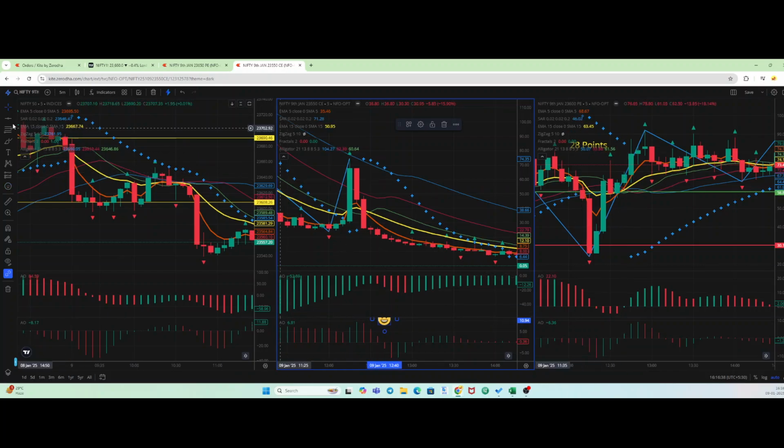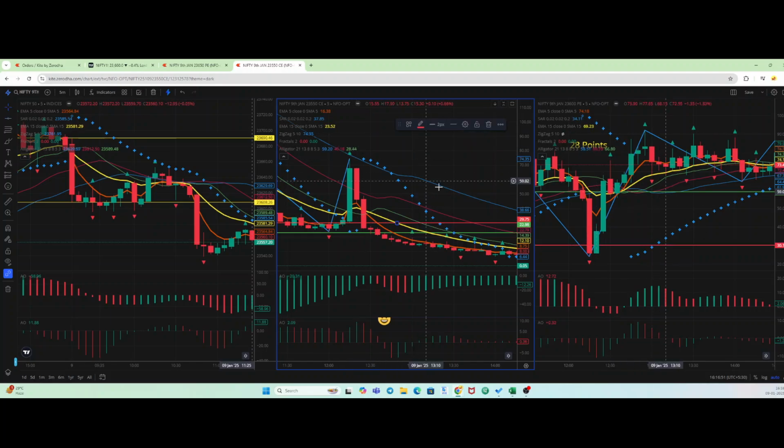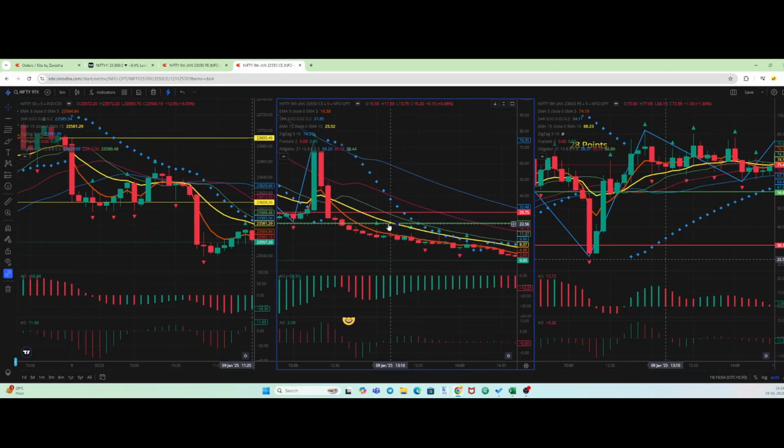So hence the stop loss trigger order, you can see, is below this fractal. We entered around 23, and slowly it moved into the stop loss, and this area got hit. We entered around 23 and again got hit around this area.